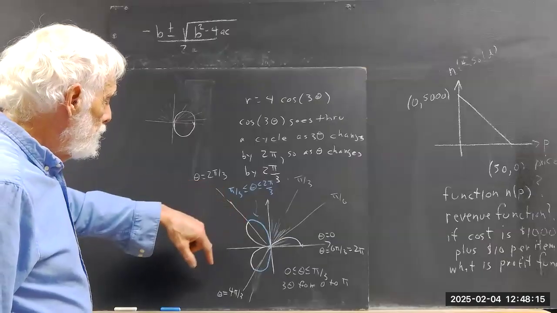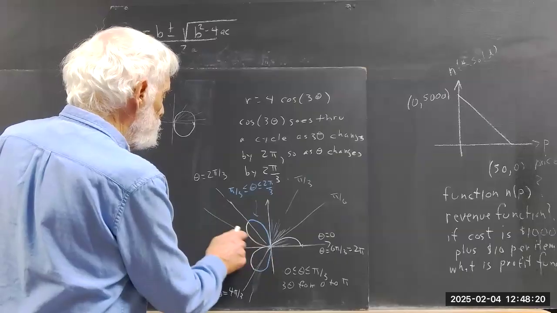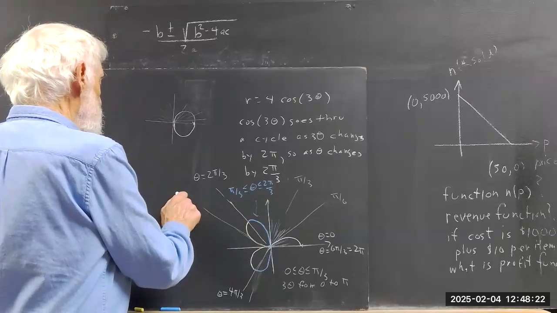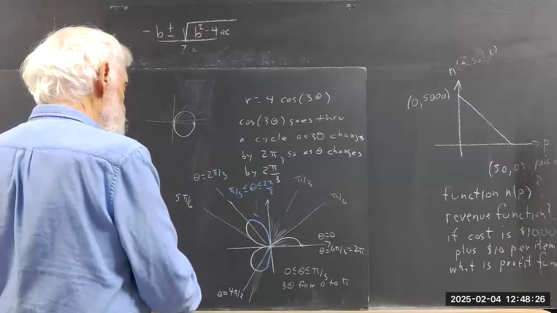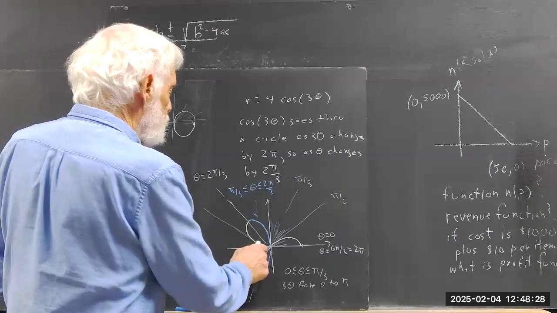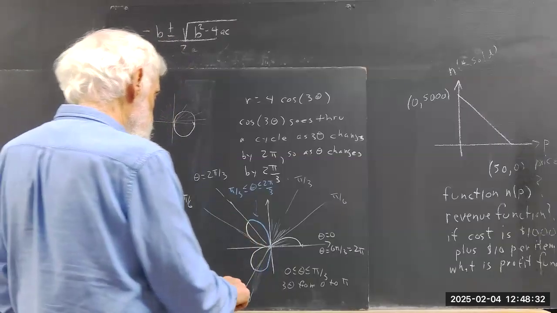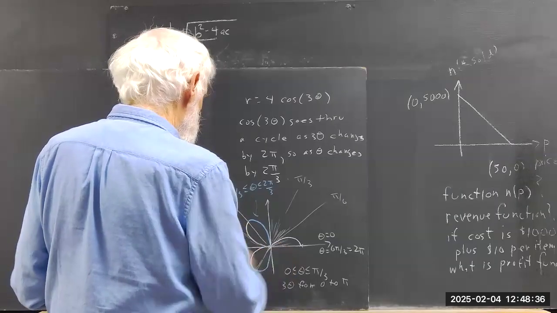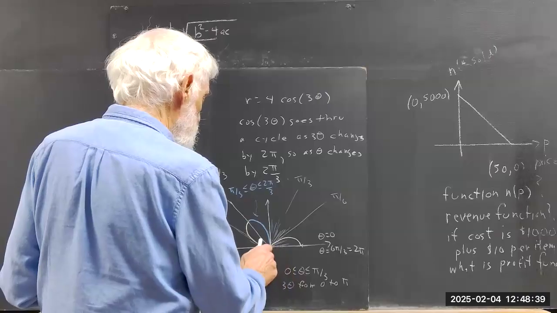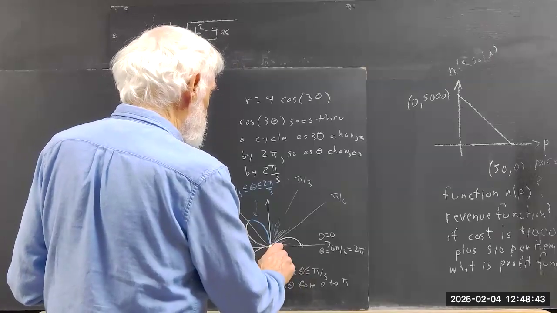So cosine from pi over 3 to 5 pi over 6 is going to do this. This curve should be tangent to that line. I just drew it, I was a little careless. But then it's going to come around, and these are the negative values.